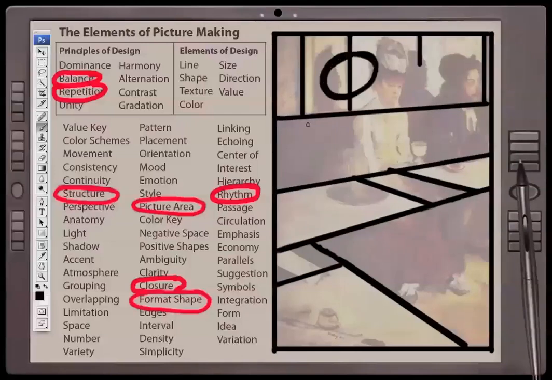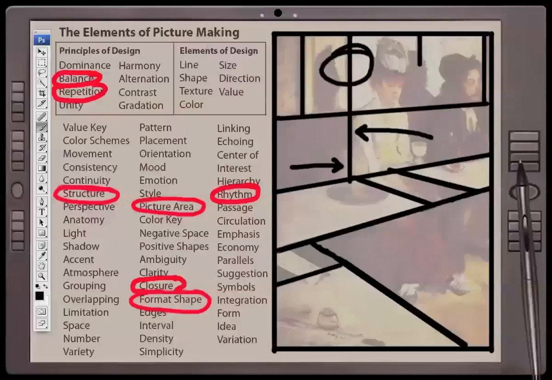You see this vertical line right there? It actually extends further down, like this. There's an alignment of the contour of the woman's back here with the contour of the bottle that's over here, thereby extending that vertical line down further.